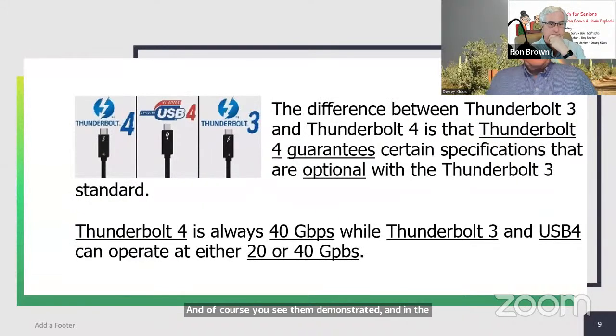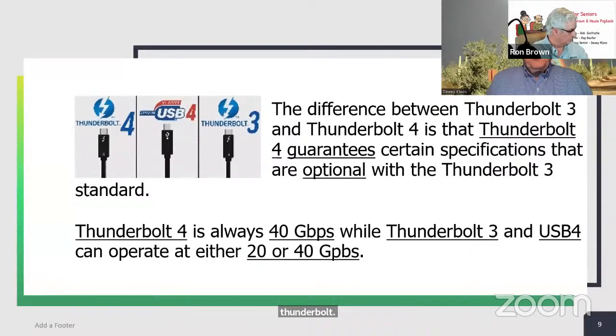The difference between Thunderbolt 3 and Thunderbolt 4 is that Thunderbolt 4 guarantees certain specifications that are optional with the Thunderbolt 3 standard. Thunderbolt 4 is always 40 gigabits per second, while Thunderbolt 3 and USB 4 can operate at either 20 or 40 gigabits per second.